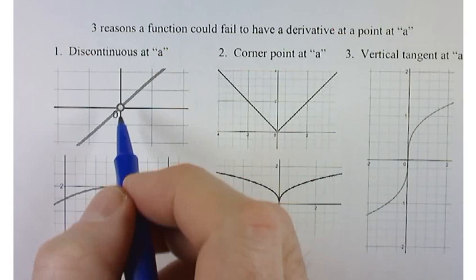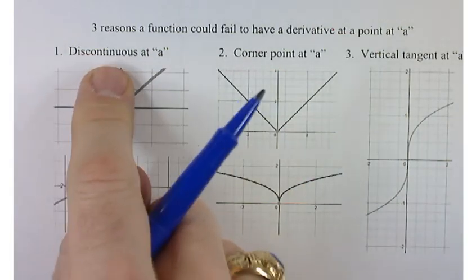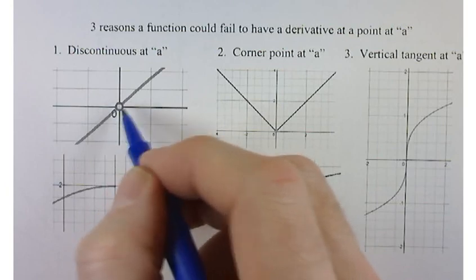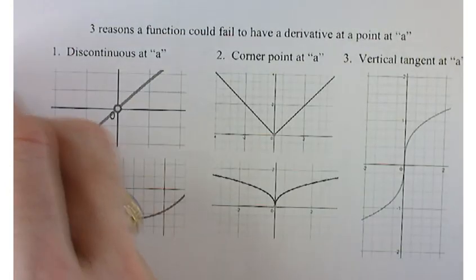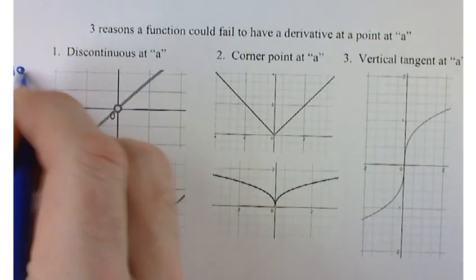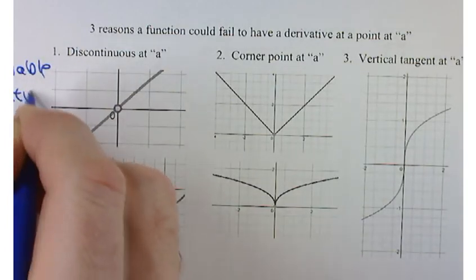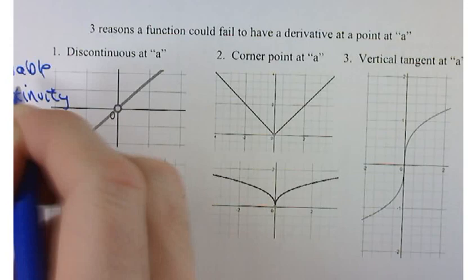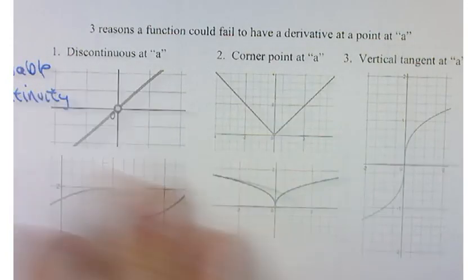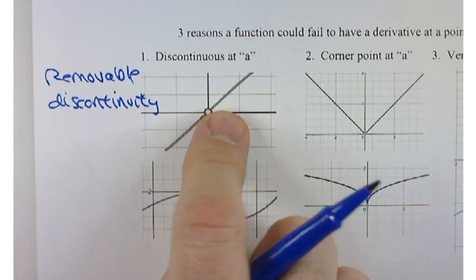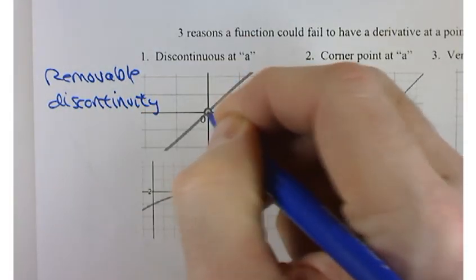The first one is if you have something which is not continuous. Now, if your graph has a little hole in it like this, that's called a removable discontinuity. That's saying that, yeah, it's a problem, but it wouldn't be too hard to work around this problem. All you'd have to do is fill in that one point.